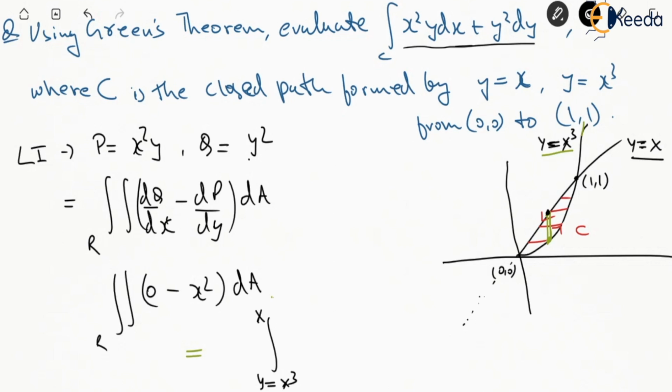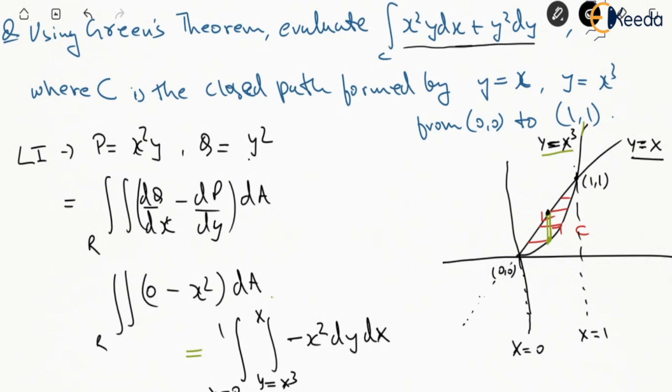The term is minus x square dy dx, because we are taking the vertical rectangle here, so we'll keep it dy dx instead of dx dy. And the limits for x will be the region for which this vertical element is defined, and it is defined from x equal to 0 up to x is equal to 1. So that makes the limit 0 to 1.